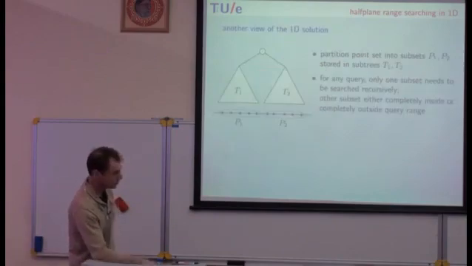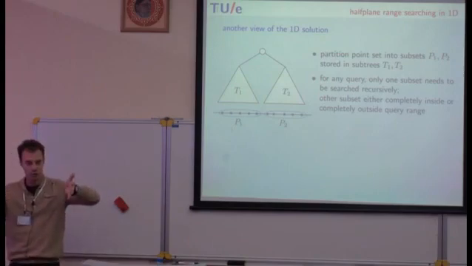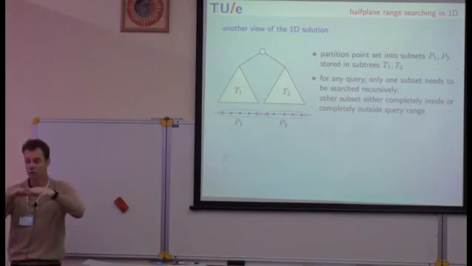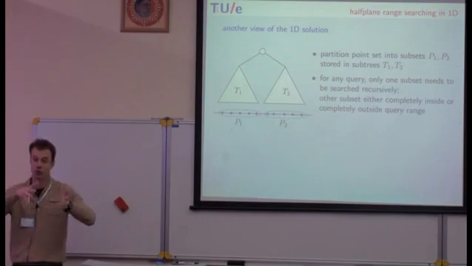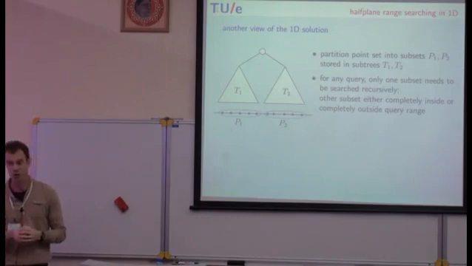Okay, so if you think about it, we have this binary search tree where the points are sorted on x coordinate in a tree. And for a search tree we need some kind of ordering. So in 1 dimension this is easy.